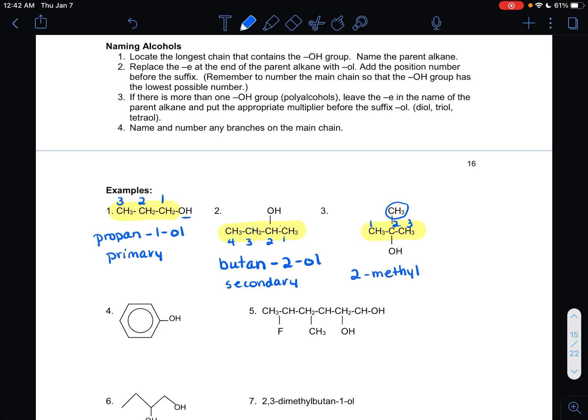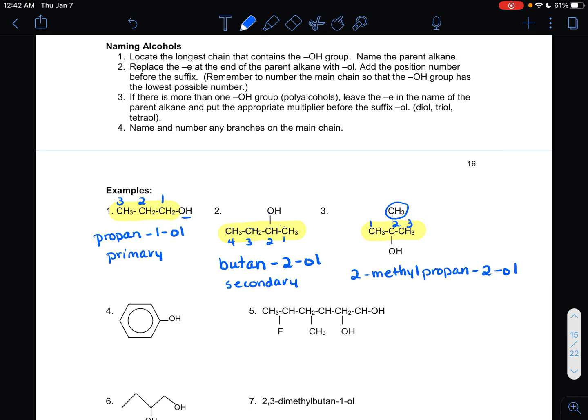Okay. And this then becomes not but-, prop. So propan 2-ol.